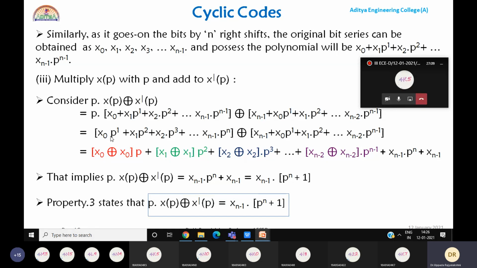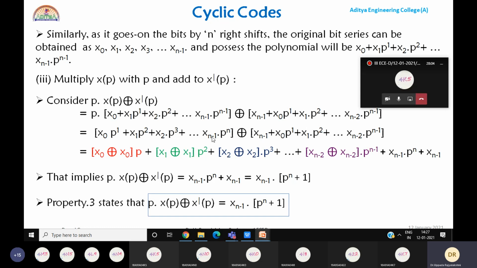Now let us take p power 1 as common. It will be x0 XOR x0, plus if you take p square as common, x1 XOR x1, plus p cube as common, x2 XOR x2, plus so on, plus p power n minus 1, where the constant coefficient is xn minus 2, so xn minus 2 XOR xn minus 2 into p power n minus 1.